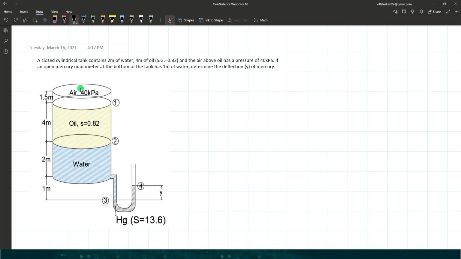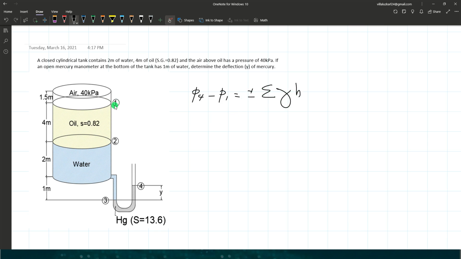So let's solve this using the general equation, that is, the pressure difference equals the sum of the product of unit weight and h for each liquid. So our starting point is point 1, and the end is point 4. So we have a pressure difference of P4 minus P1 equals the sum of products of unit weight and h.